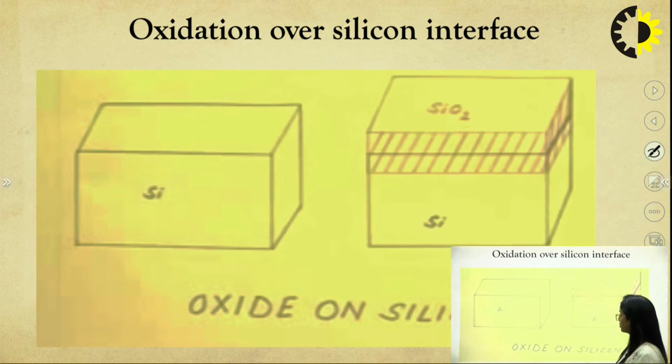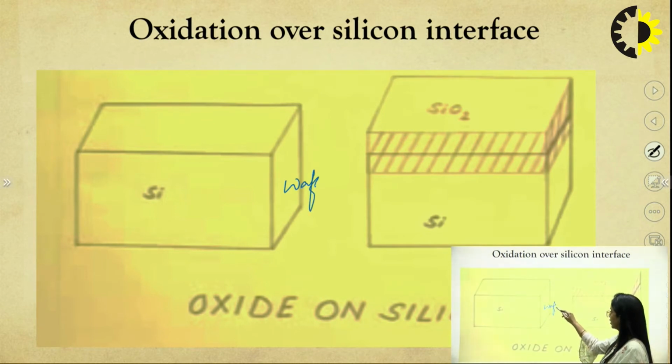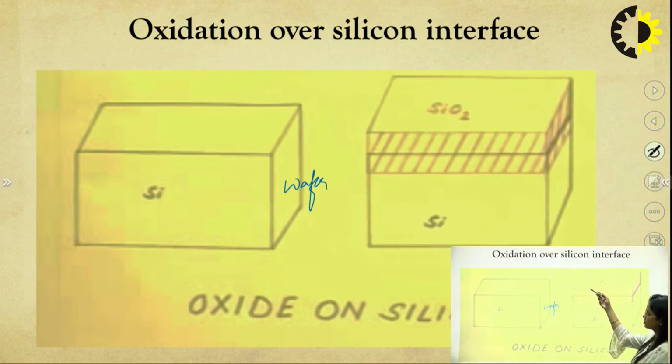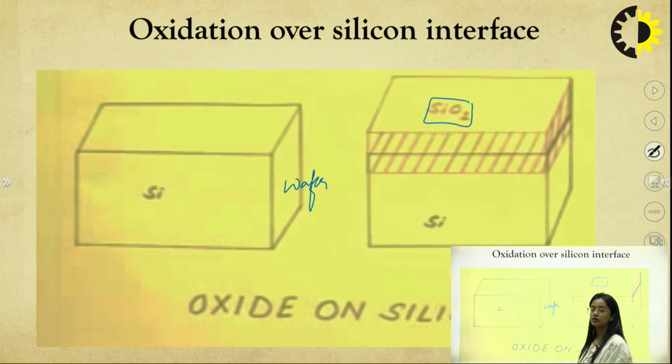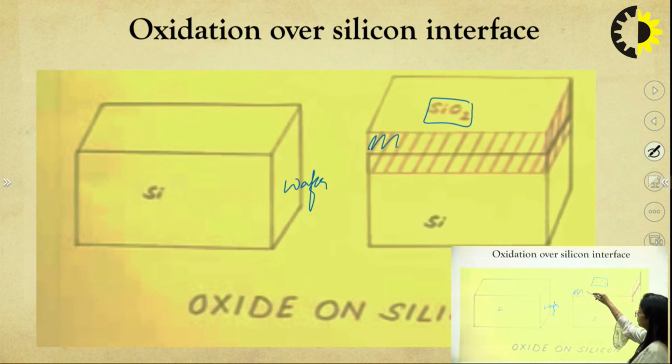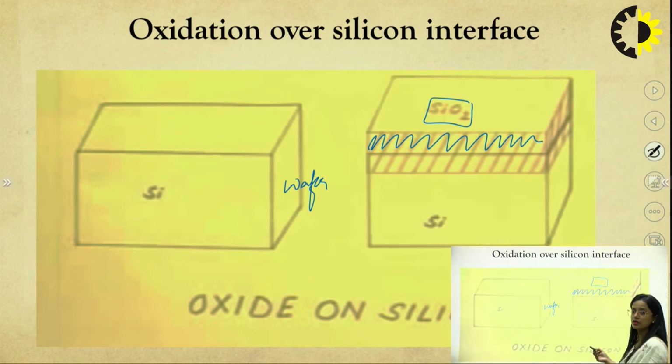What is actually happening here is, we can see that it is a silicon wafer, and on the top of this we have introduced an environment of silicon dioxide. In this silicon dioxide, silicon is added only in this portion, and it diffuses in the remaining portion on its own.